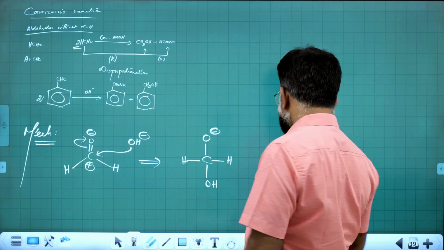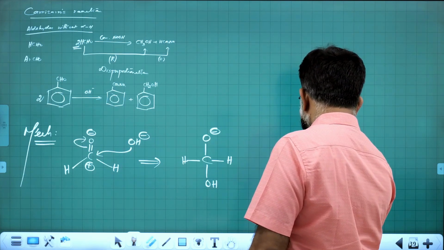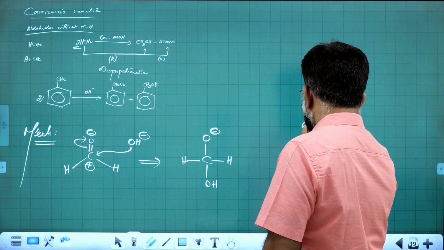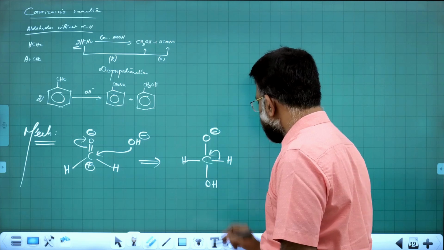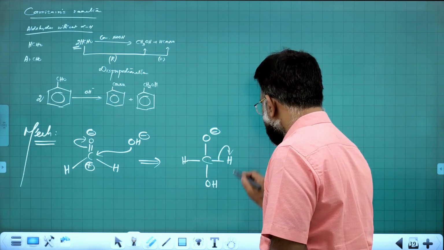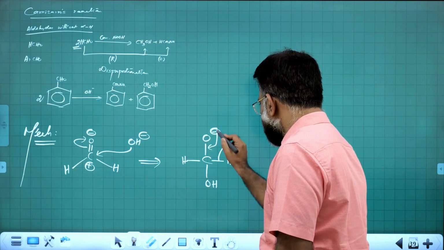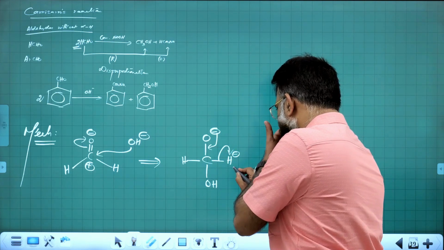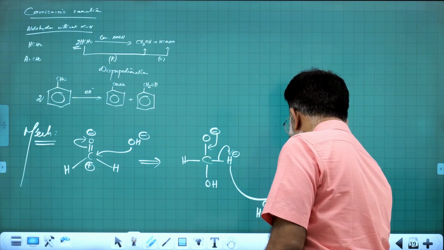Now this molecule will attack the next molecule of formaldehyde over the carbonyl center, O minus and C plus, where this bond will break as H minus. Meanwhile, this electron-rich center will compensate, and H minus will attack over here. It is hydride transfer.